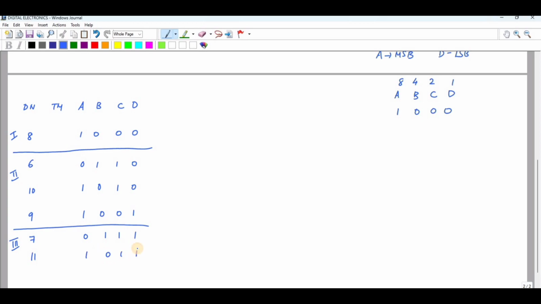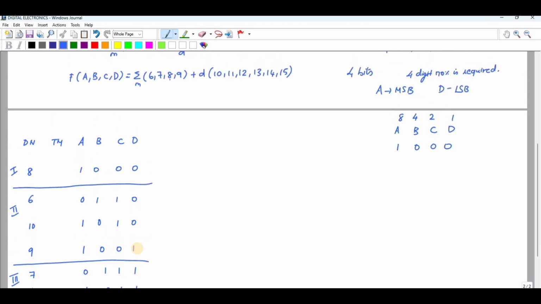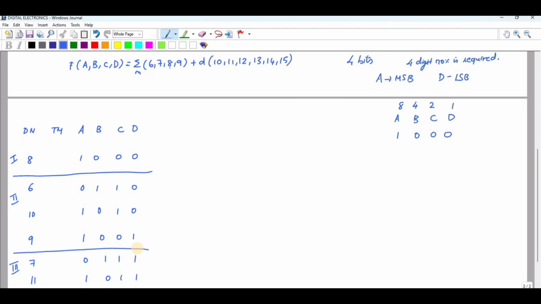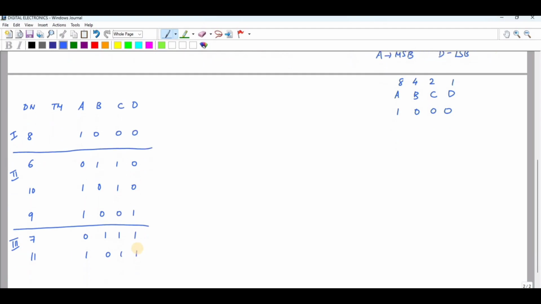Then how to represent 12? 12 will come in the second group element, since it is 1 1 0 0.